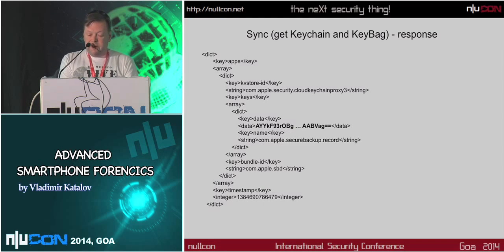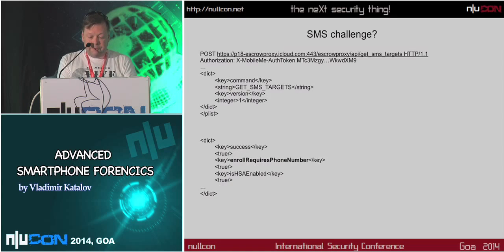Here is the command we receive in return to the previous request on this sync command, and we also get the data with the base64 encoding. But then we need to send a command to verify whether the SMS verification is needed for this particular account, and it is a command called get SMS targets.